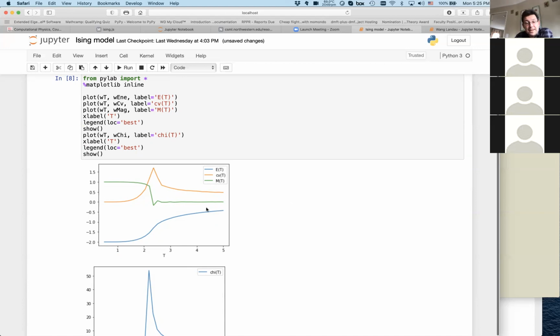And then at the transition, which is around 2.2, energy goes close to -2. So we know that the ground state energy has to be -2 times the number of lattice sites, isn't it? Therefore, this final configuration is the one where all the spins are either pointing up or all the spins are pointing down, doesn't it?